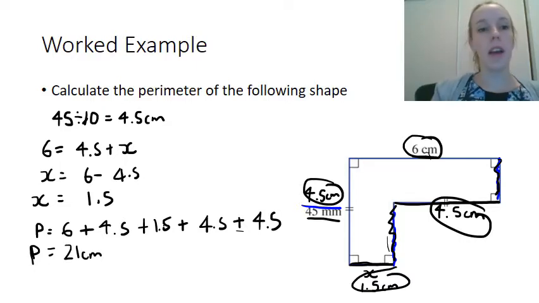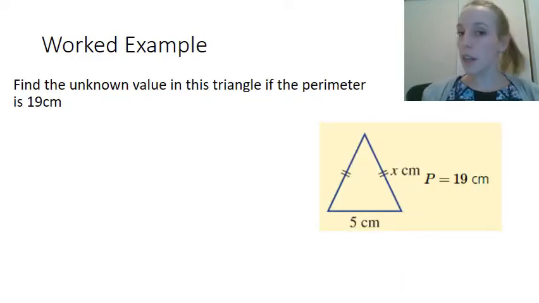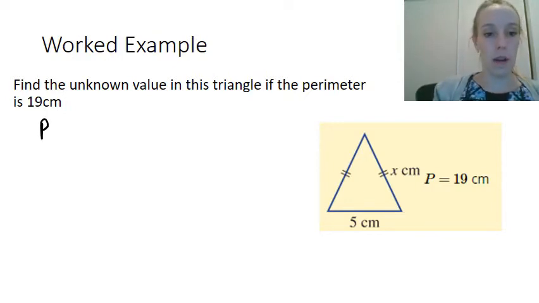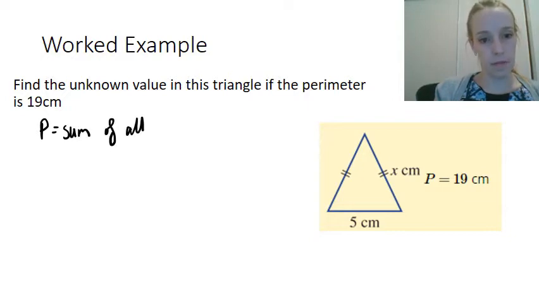There we go. Okay, so for our second worked example, we're going to find the unknown value in this triangle if the perimeter is equal to 19 centimetres. So we know the perimeter is the sum of all sides. And we do know some of these values.